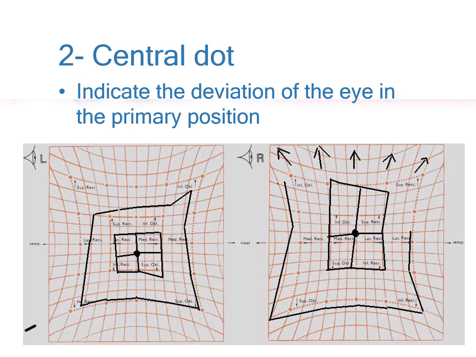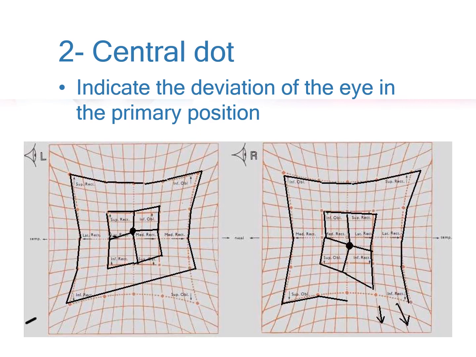This means that the patient has left hypotropia in the primary position. In this patient, the primary pathology is in the left eye, as it is the eye with the smaller field. Notice that the central dot is higher. This means that this patient has left hypertropia in the primary position.